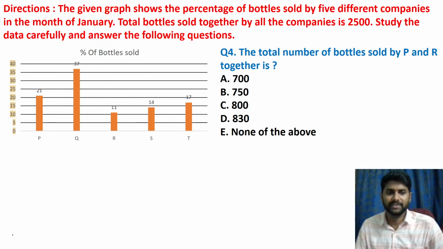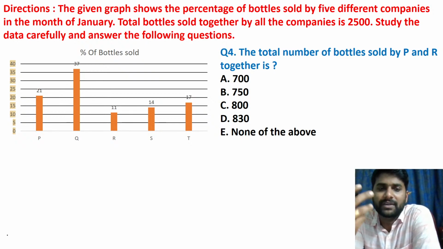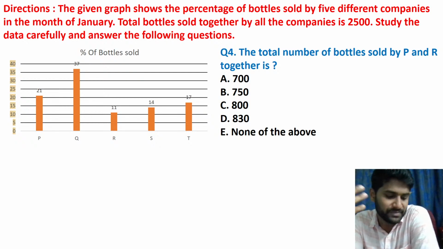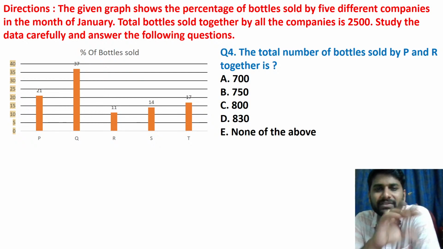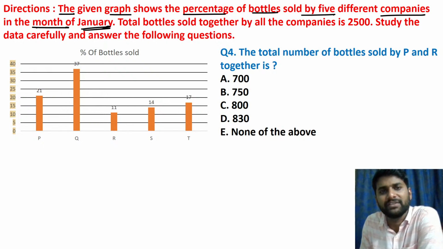Now see the data interpretation, which is most important. You can expect one data interpretation sheet, like information. If you understand that sheet, you can get a maximum of 5 marks, minimum 2 marks. Maybe you can expect 2 questions or 5 questions from the same sheet. Try to understand the given information. The given graph shows the percentage of bottles sold by 5 different companies in the month of January.